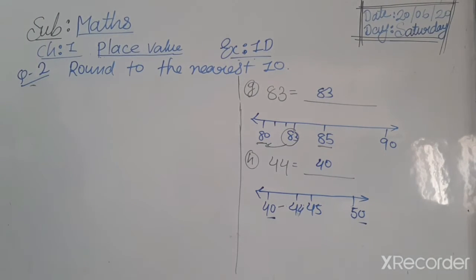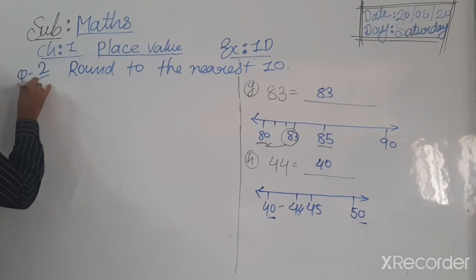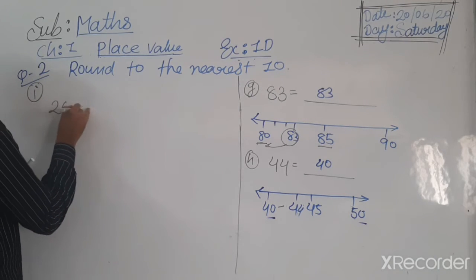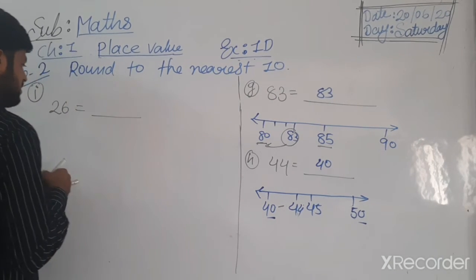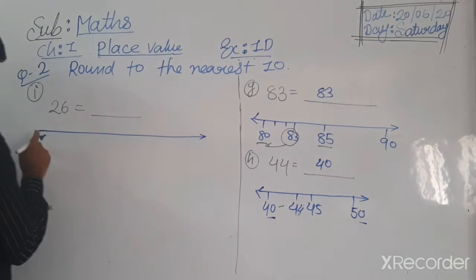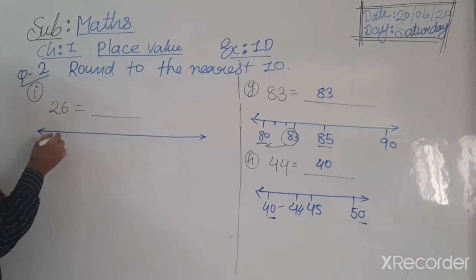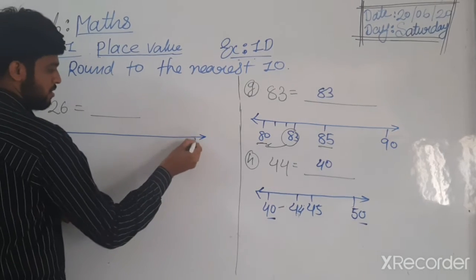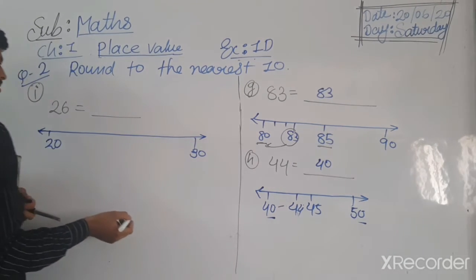I hope you understood well and are enjoying our maths first chapter, place value. And the last question, number I, 26, the nearest ten. Which number do we write, 20 or 30?